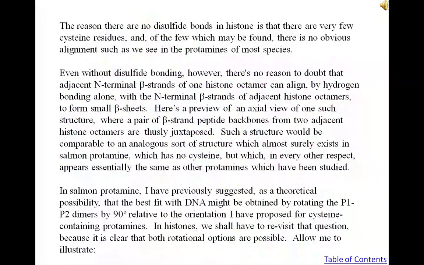In salmon protamine, I have previously suggested, as a theoretical possibility, that the best fit with DNA might be obtained by rotating the P1-P2 dimers by 90 degrees relative to the orientation I have proposed for cysteine-containing protamines. In histones, we shall have to revisit that question, because it is clear that both rotational options are possible. Allow me to illustrate.